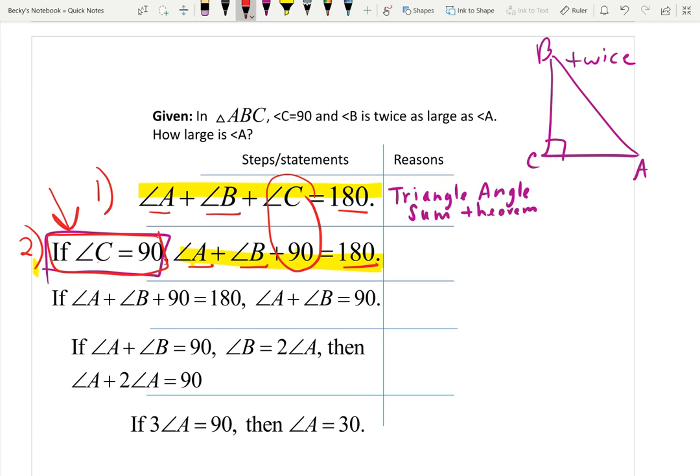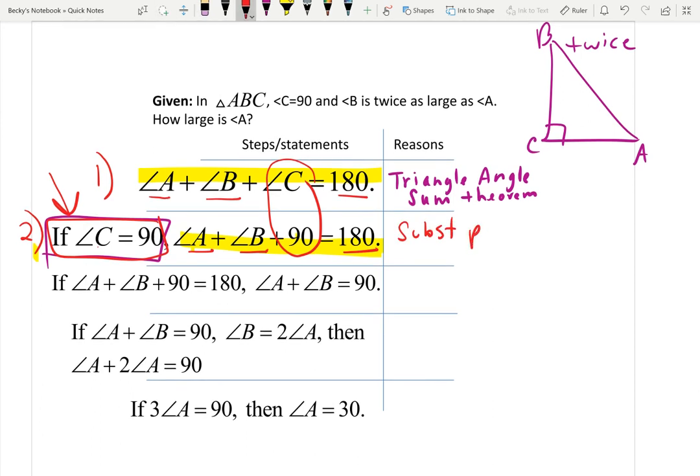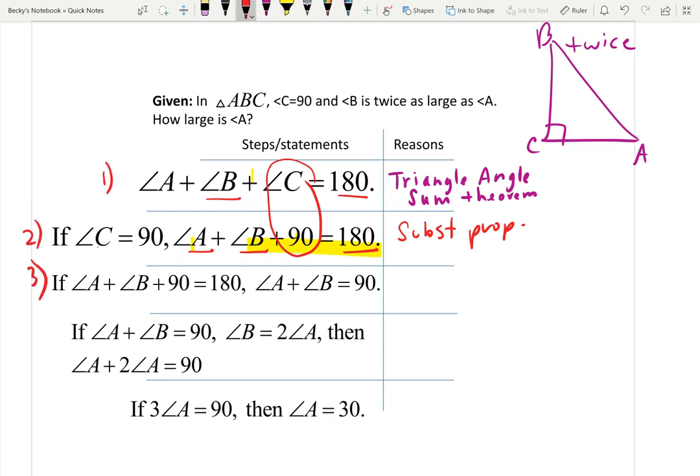So when you take it out and replace it, this is your substitution property. All right, so that's how that all works. I don't know why you erased the numbers. So let's look at step 3. Again, he's trying to help you. You say, hey, look at that. And how do you get this?